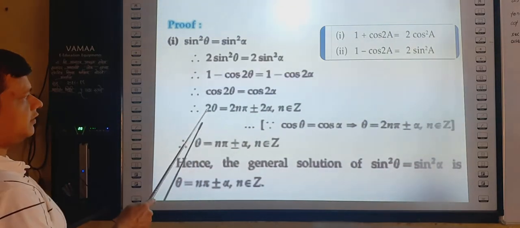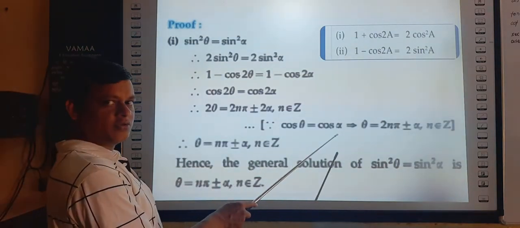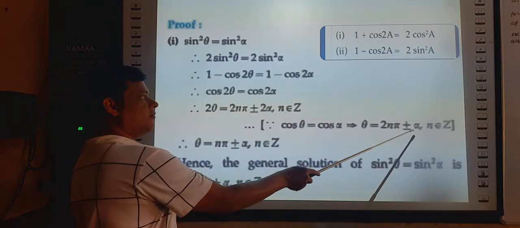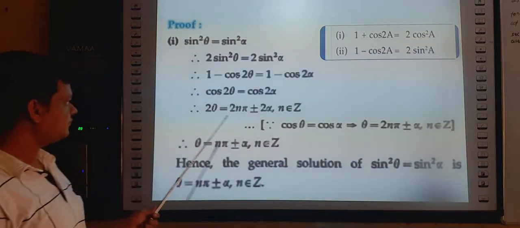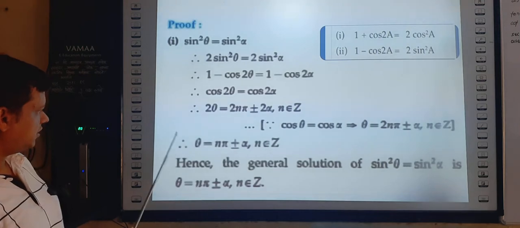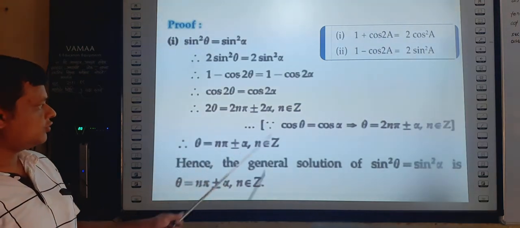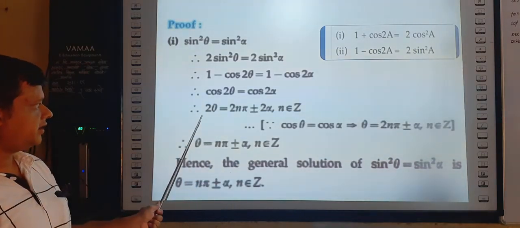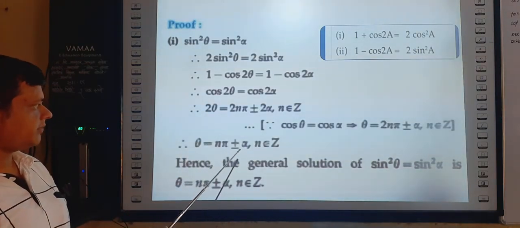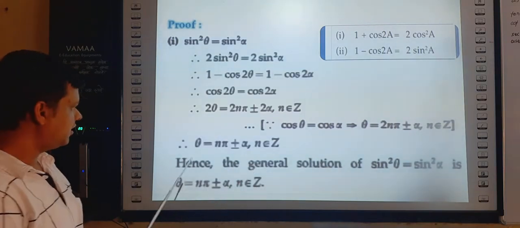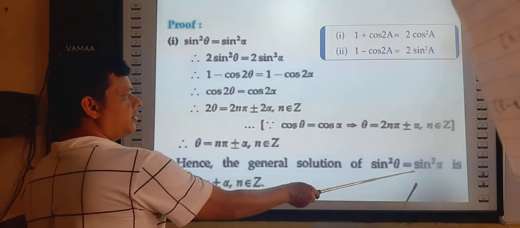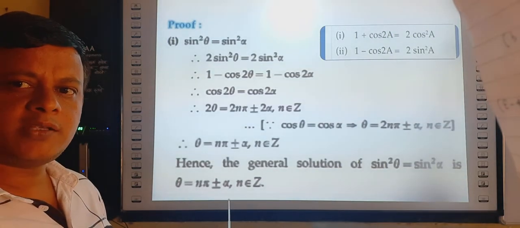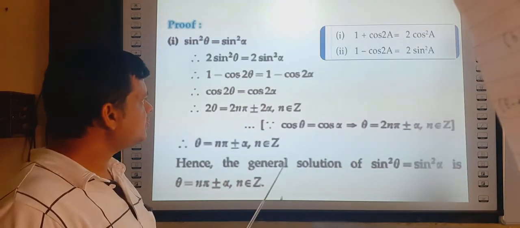So using this general solution, we write 2 theta equals to 2n pi plus or minus 2 alpha, n belongs to Z. Therefore, taking 2 common from the right hand side and cancelling with the 2 on the left, we get theta equals to n pi plus or minus alpha, n belongs to Z. Hence the general solution of sin square theta equals to sin square alpha is theta equals to n pi plus or minus alpha, n belongs to Z.